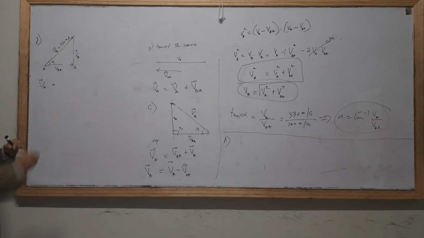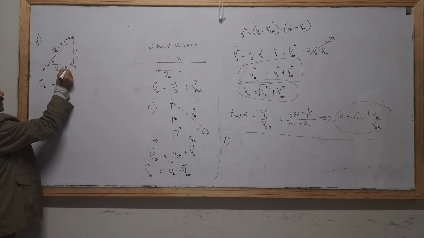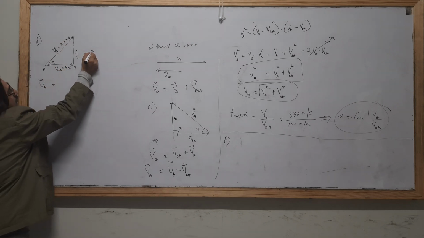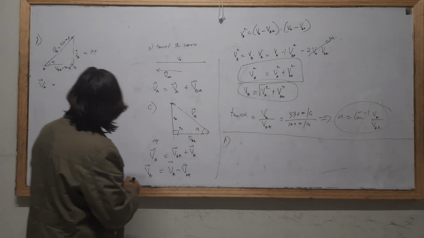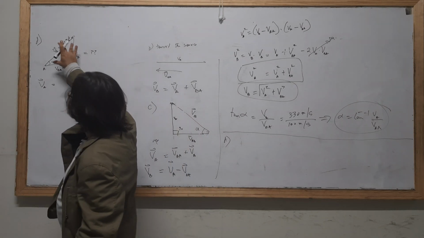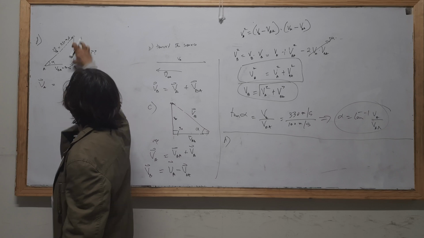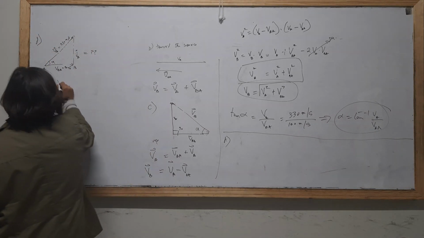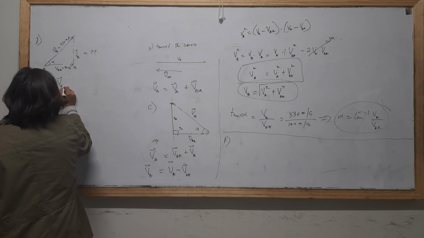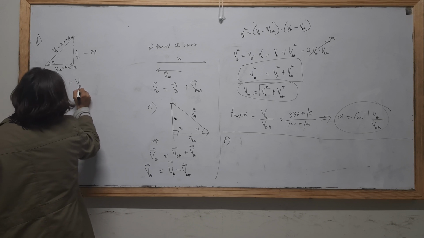VA is 330, VBA is 90 meter per second. But VB is not given. We have to find this. In every case, we have to find VB. Now, VA is the resultant of these two vectors adding, and this will be equal to VBA plus VB.